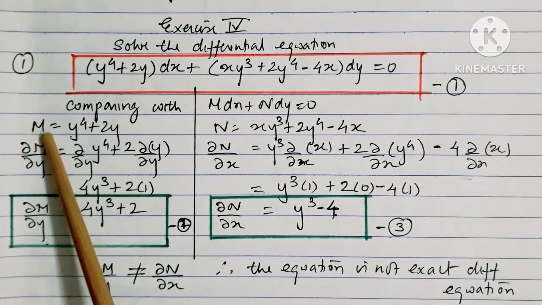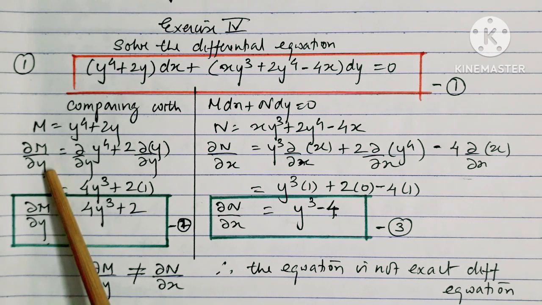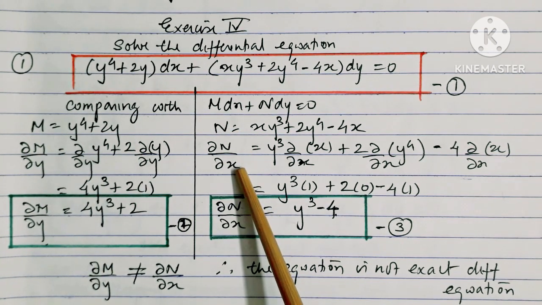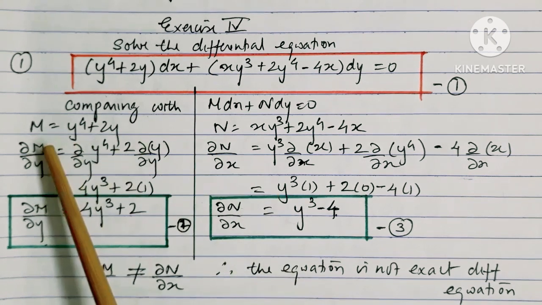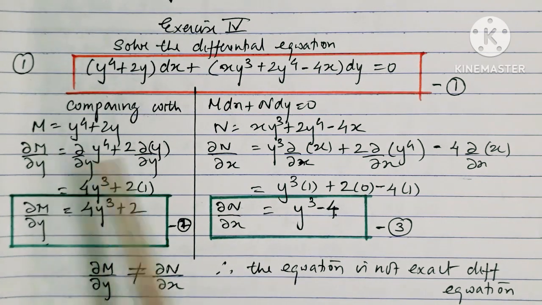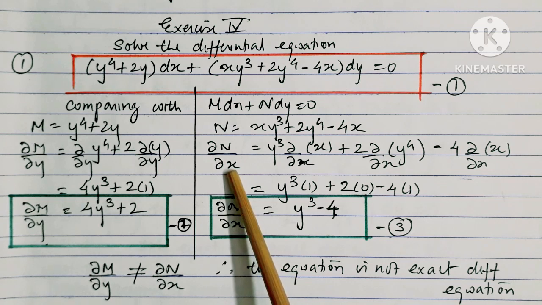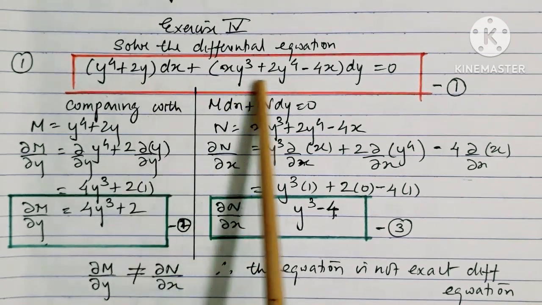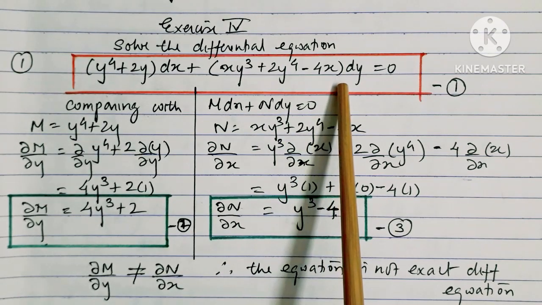Now let us first differentiate M partially with respect to y, and then differentiate N partially with respect to x. And if del M by del y is equal to del N by del x, then we can say that this given differential equation is an exact differential equation.